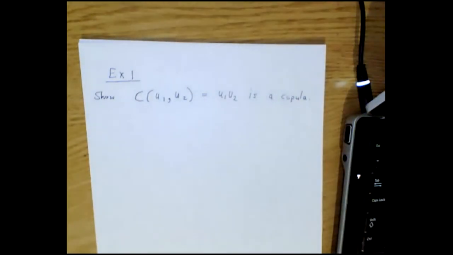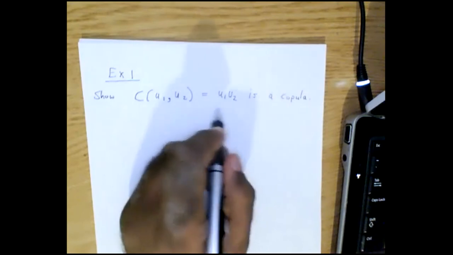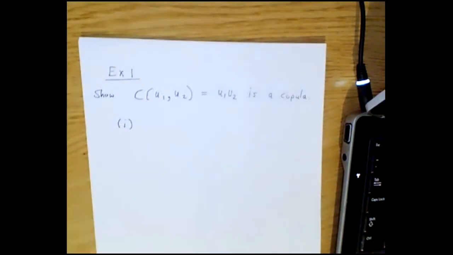All right, the goal is to show that this is basically the independent copula. So we want to show that it's a copula. Remember, to show that something is a copula, you need to prove 6 different things, right?